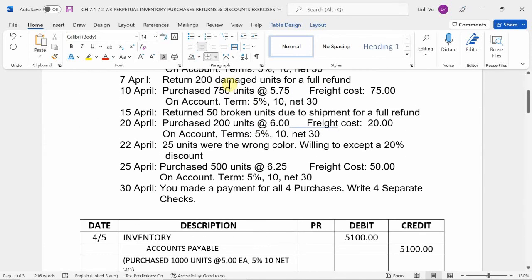So then April 22nd, 25 of the units were the wrong color, and we were willing to accept a 20% discount. Okay.